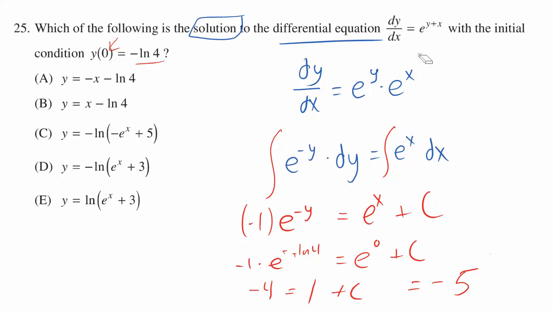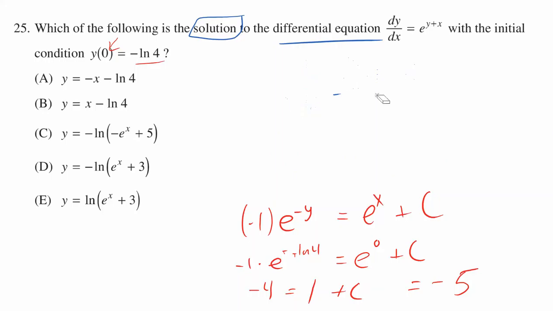I'm going to go ahead and erase some of this. Negative 1 e to the negative y equals e to the x minus 5. There's our c. Divide by the negative. e to the negative y equals negative e to the x plus 5.